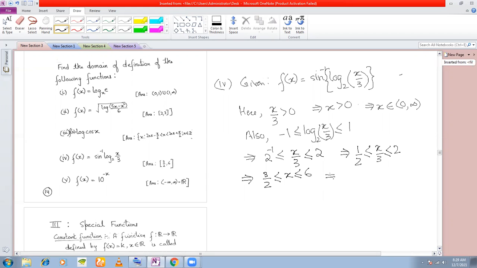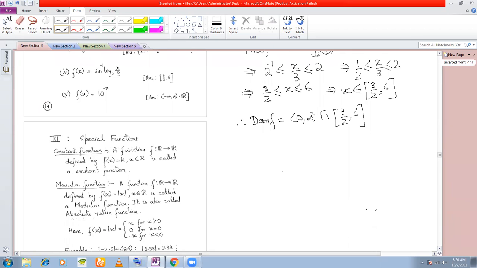So that means x lies in what interval? This closed interval, 3 by 2, 6. So what should be the domain of f? Domain of f, x belongs to 0, infinity first of all, intersection 3 by 2, 6. Now what should be the intersection of these two? If you see it on the number line, this is my 0, and let's say this is my 3 by 2, and let's say this is my 6.